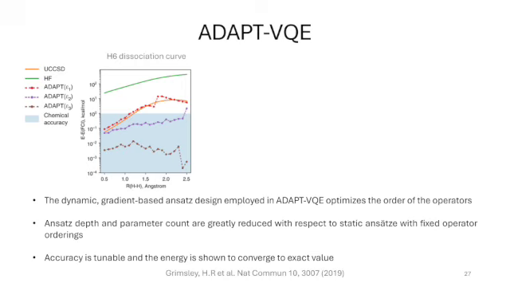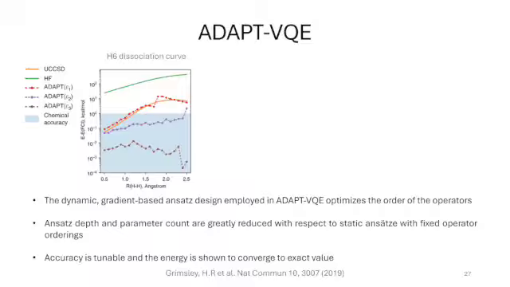But as the bond distance becomes more stretched, UCCSD is no longer able to converge to chemical accuracy. The ADAPT-VQE curves are the dotted curves. So we have three noted curves that correspond to different convergence criteria. As the convergence criteria become tighter, the error becomes lower, so we let the algorithm run for longer.